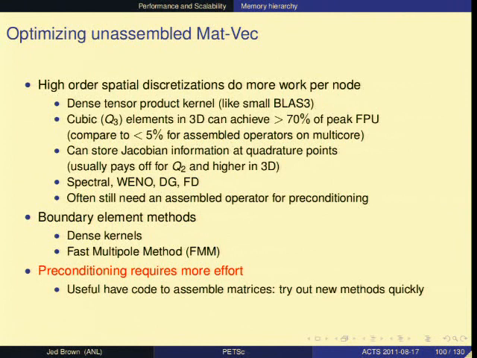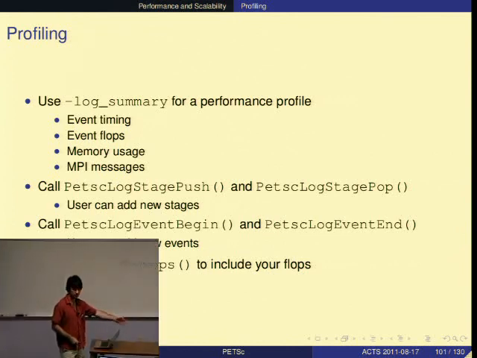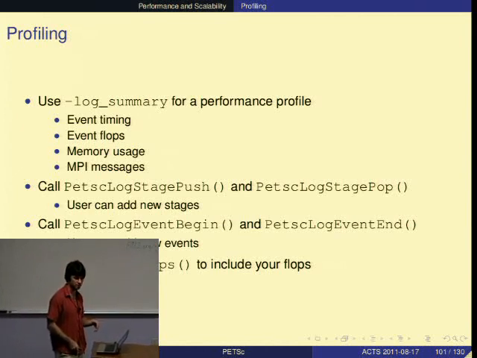Preconditioning, if you go unassembled, requires more effort. So having assembled matrices around so you can algorithmically test different preconditioning approaches is still really useful, even if your target is to not use assembled matrices. On the unassembled, you will have to provide the preconditioning yourself. Sometimes you can assemble a different matrix, which is cheaper to assemble, but is still effective for preconditioning.